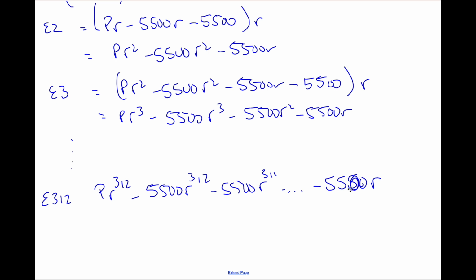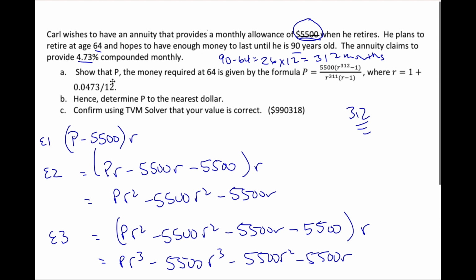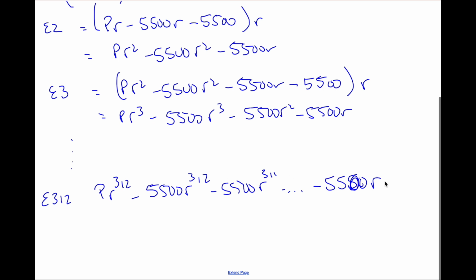And then I'm all out of money. Everything is finished. And so then I have to add all of this up. I know that I'm trying to show the money required is given by this. So if I add all this up, I have to get 0. And my key is I want to solve for P here.